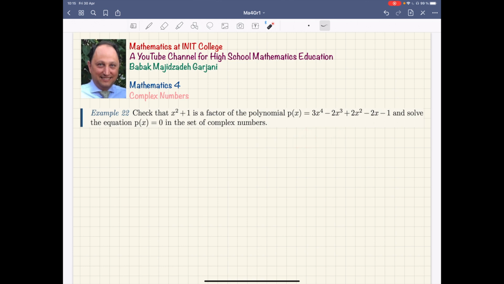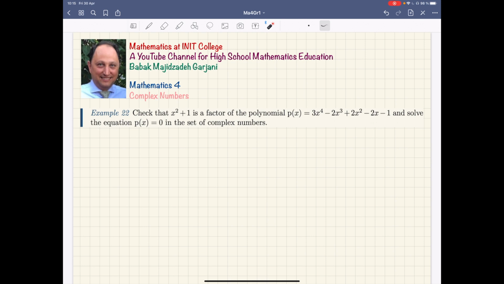For example, we know that 2 is not a factor of 7. Why is that? Because if I do the division of 7 by 2, I will get 2 times 3. The quotient would be 3 in this case, but it is not enough. I have a remainder which is not equal to 0. That is the reason why 2 is not a factor of 7, but it is a factor of 6. And that's the same idea here.